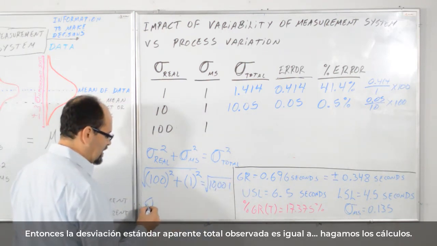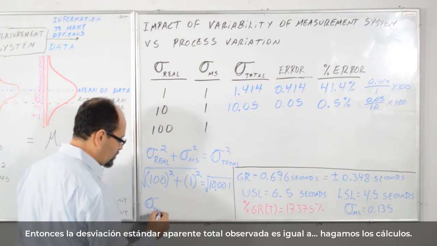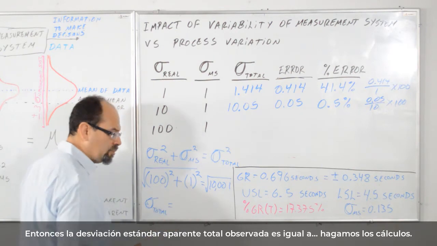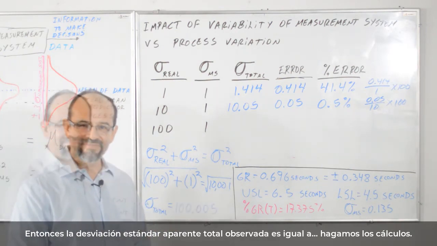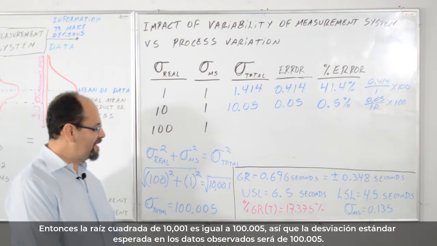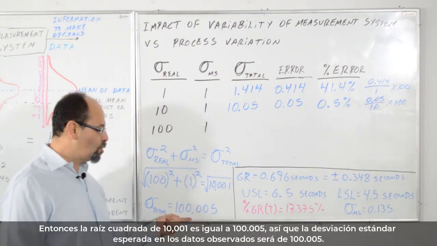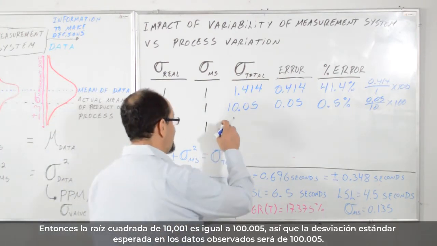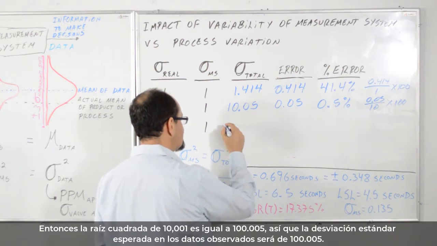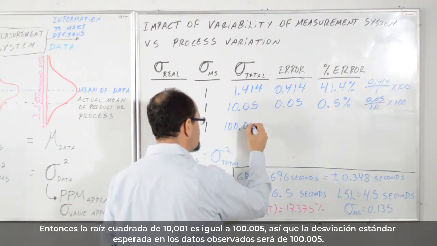Then the standard deviation observed, apparent, total is equal to, let's take a look at this calculation, the square root of 10,001, which is equal to 100.005.